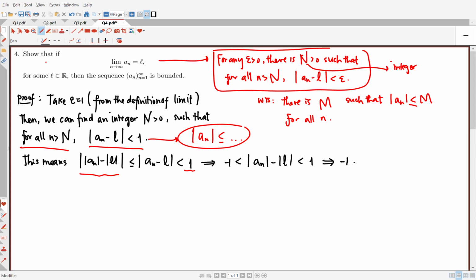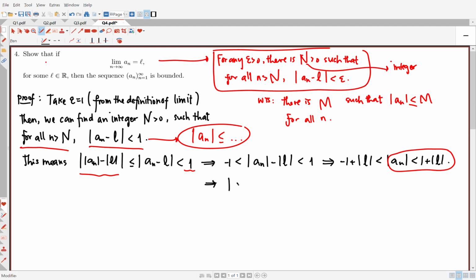I will have minus 1 plus the absolute value of L is less than the absolute value of a_n is less than 1 plus the absolute value of L. But this means the absolute value of a_n is strictly less than 1 plus the absolute value of L, right?